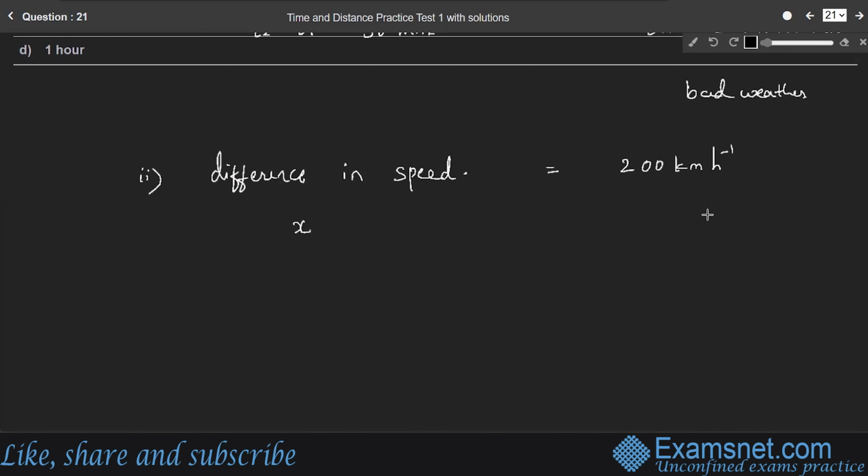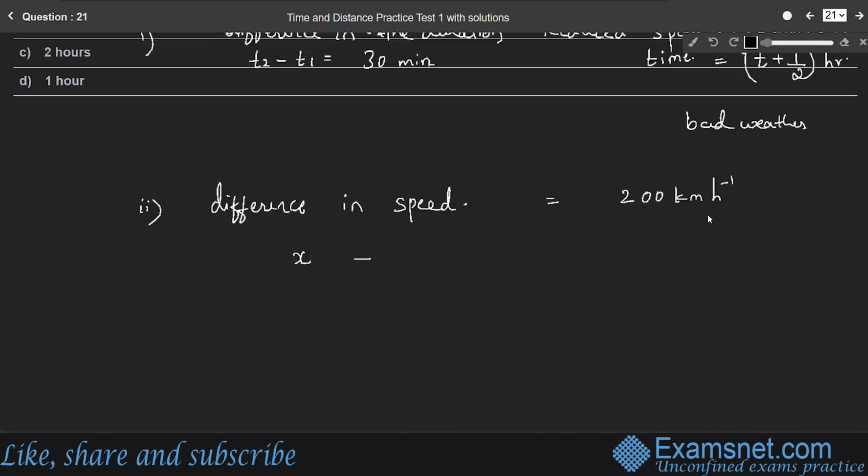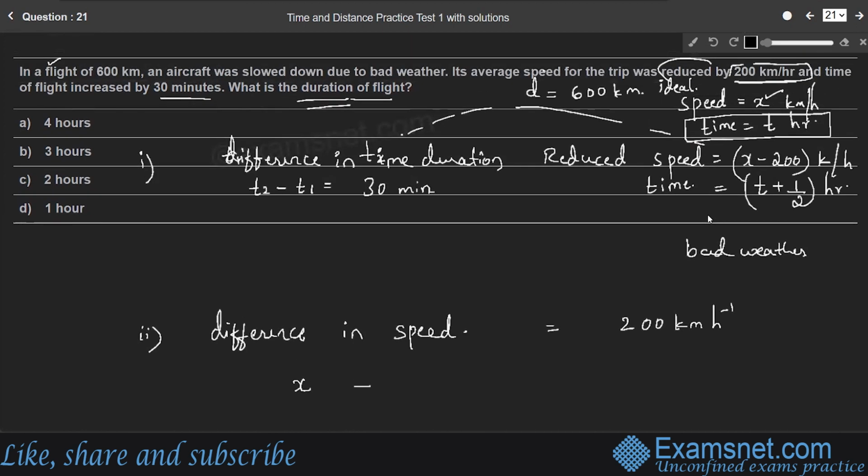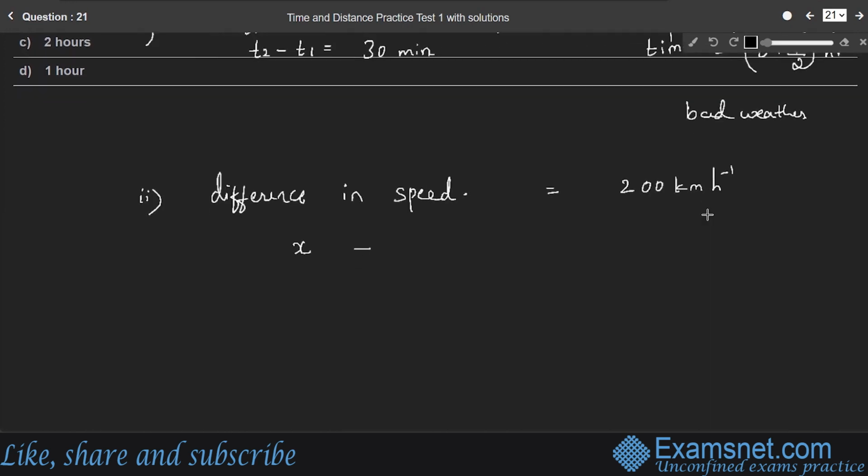Original speed x minus next speed, which is x minus 200, is 200. Let us express original speed in terms of time and distance. Since speed is distance by time, the distance is 600 kilometers and the time, according to our assumption, is t.